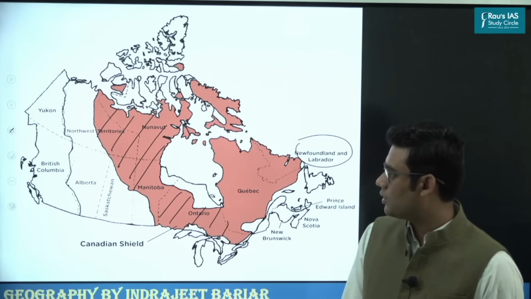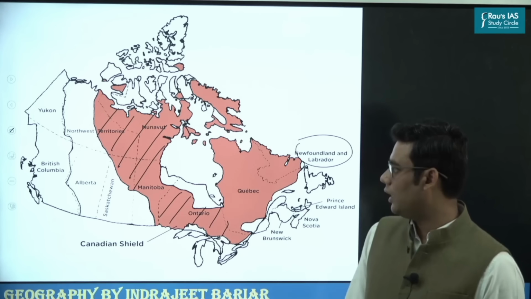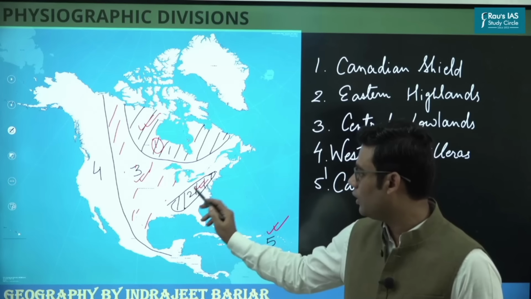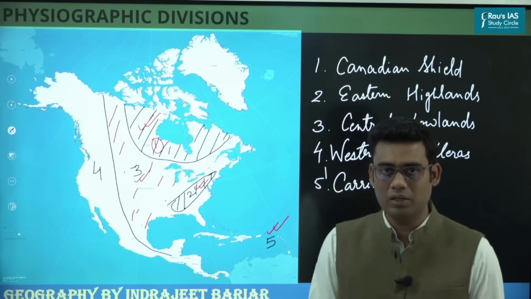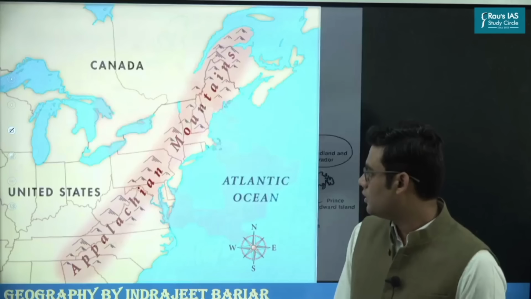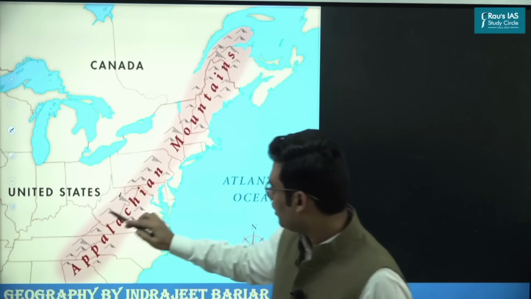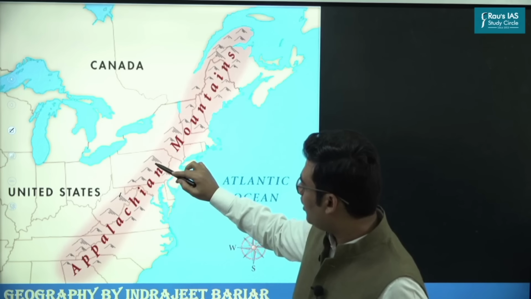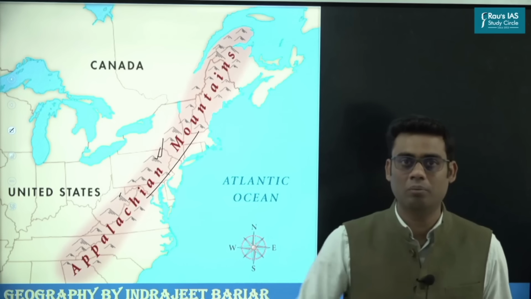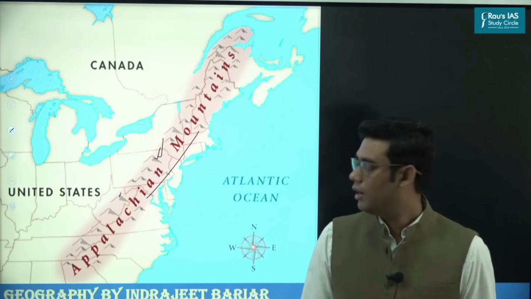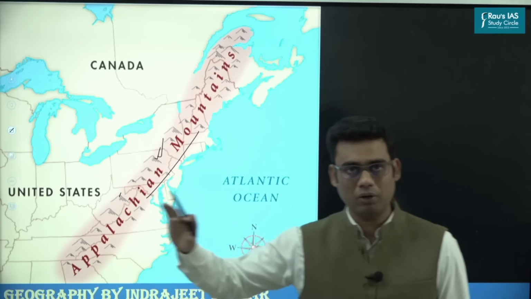After this comes the second physiographic division, which is the Eastern Highlands. We can go back again over here and you can see what I have marked as 2, the Eastern Highlands. These Eastern Highlands primarily comprise the mountain ranges which are the Appalachians. Appalachians are old fold mountains, and they are the most important part of the Eastern Highlands.